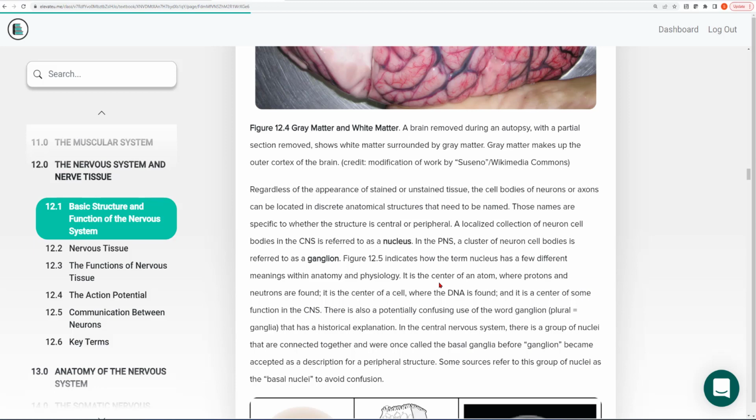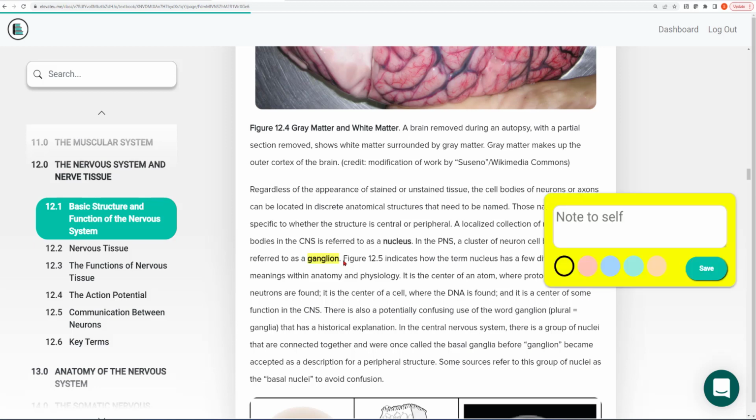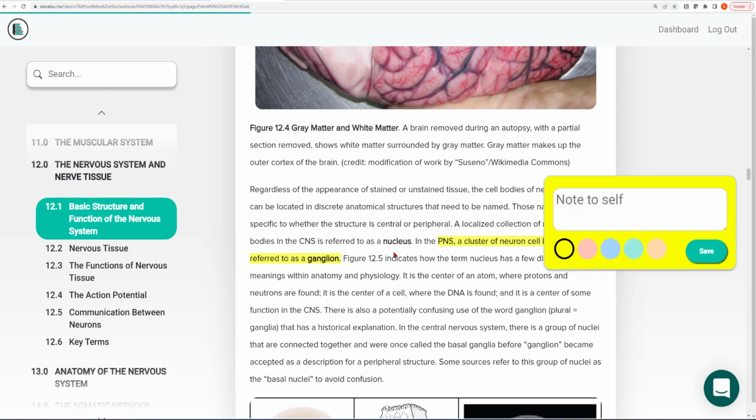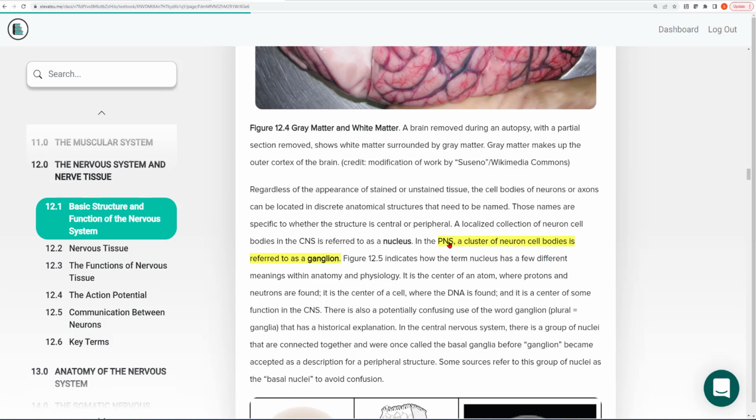Earlier, as we began this discussion, I said that in the PNS there are ganglia, or many, ganglion is singular, and I told you briefly that a ganglion was in the PNS, a cluster of cell bodies. So there's the definition of a ganglion.